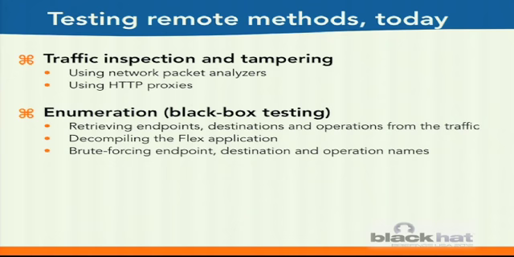Another technique used by dBlaze is brute forcing. In particular for BlazeDS, that's quite good because, due to the Java strong typing, we get from the Java exception a clear indication whether the type we send is the one expected by the remote server or not.